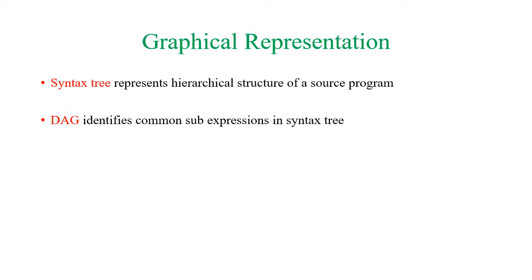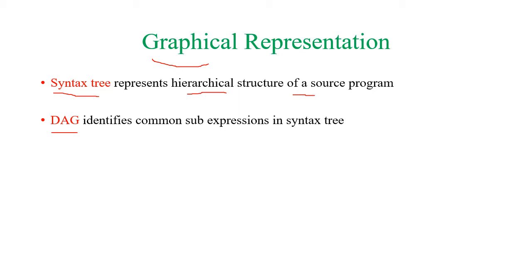Now we can learn what are the various graphical representations. Two commonly used graphical representations are syntax tree and DAG. Syntax tree we already learned in our previous class. Here the syntax tree represents the hierarchical structure of the source program.